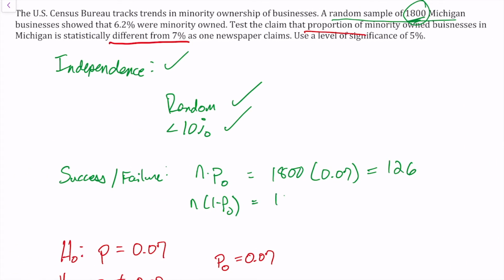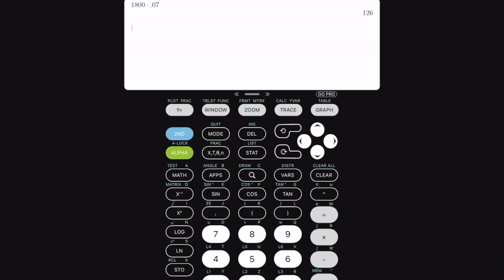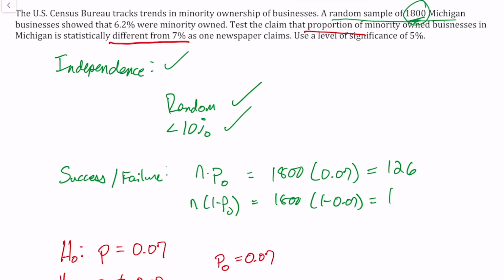And we also need to do 1,800 times 1 minus 0.07, which is definitely going to be more than 10, right? That's 1,674. Okay, both of these are bigger than 10, so all the conditions are satisfied.